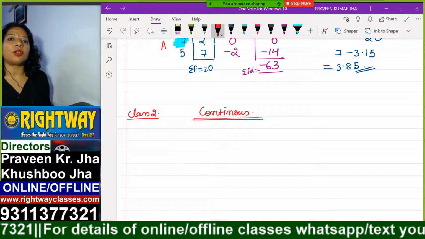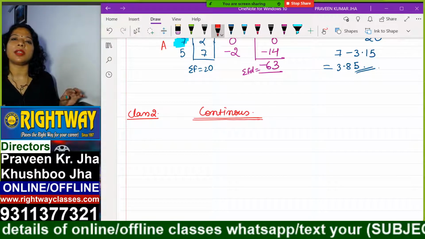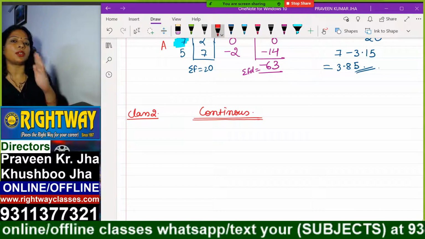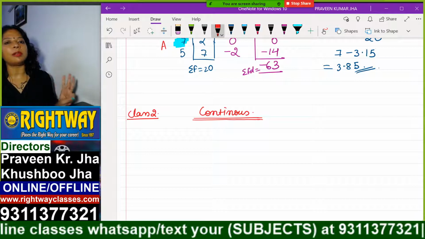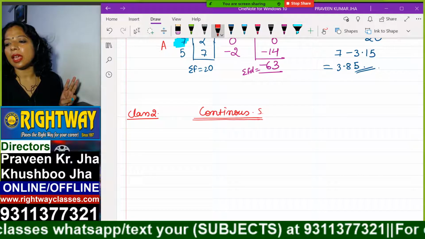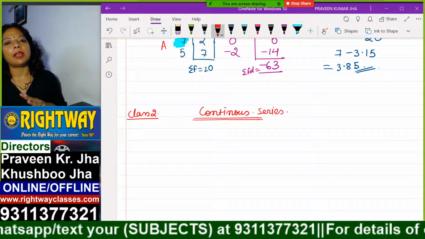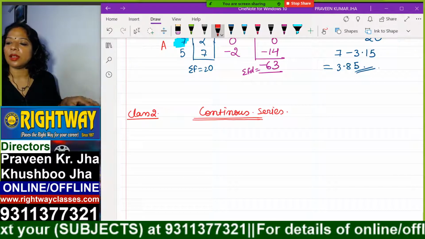That is very important, because students read all these things in class 11th or 12th also, but properties of mean is the new thing which we do only in college. So in the next class we will be doing the methods in the continuous series: direct, shortcut and assumed mean, and step deviation, and then properties of mean. Okay.